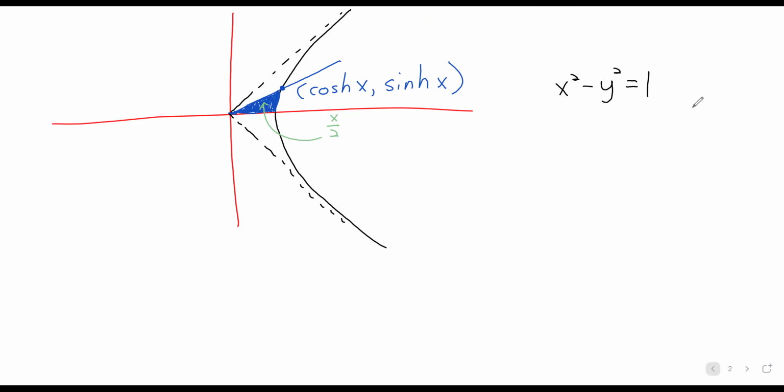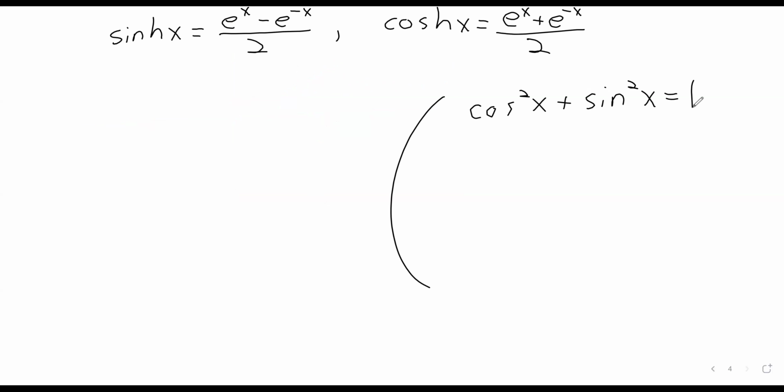The difference between the unit circle and the hyperbola is that the unit circle is addition. So all we did in this definition was take that addition and turn it into subtraction. That's reflected perfectly here. The hyperbolic cosine squared minus the hyperbolic sine squared equals 1.